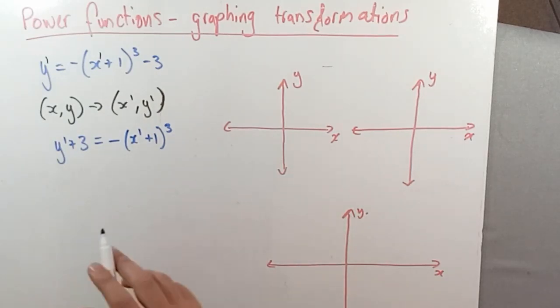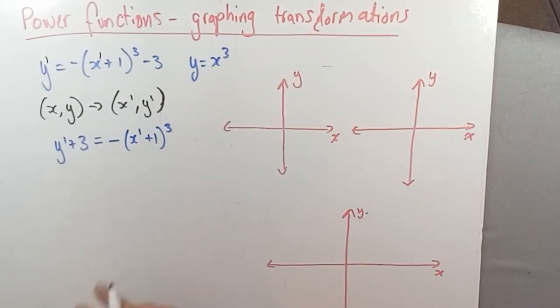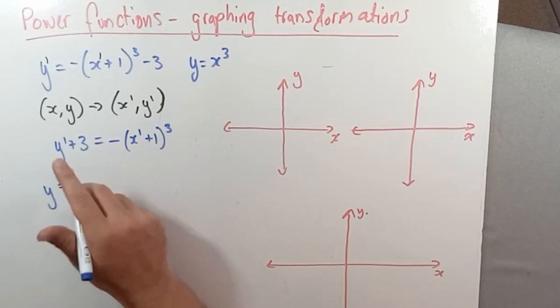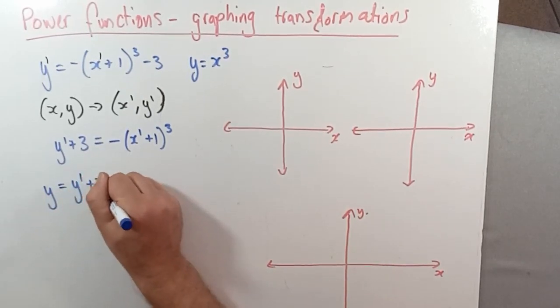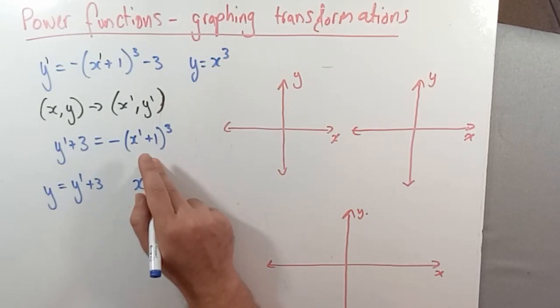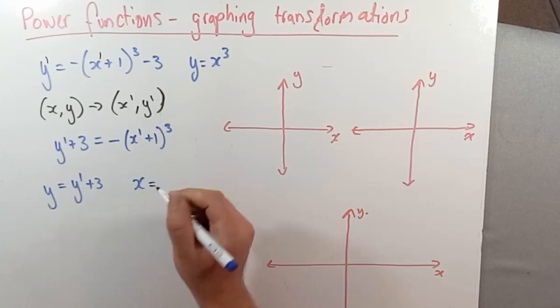Okay, so if my original graph was y equals x cubed, what's happened to my y? My y has turned into y image plus 3, and my x has turned into, how do I want to write this?